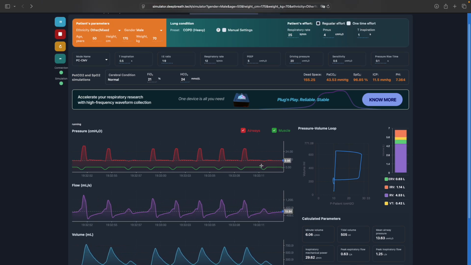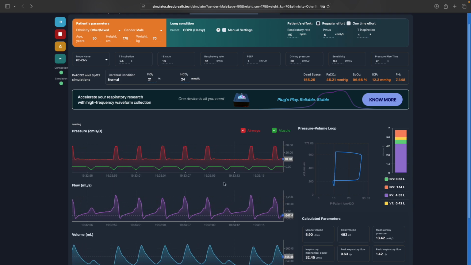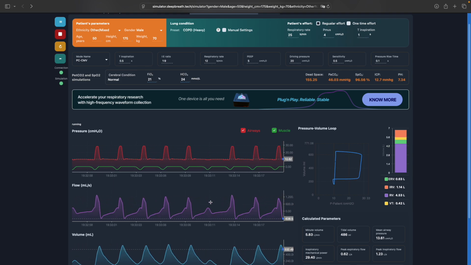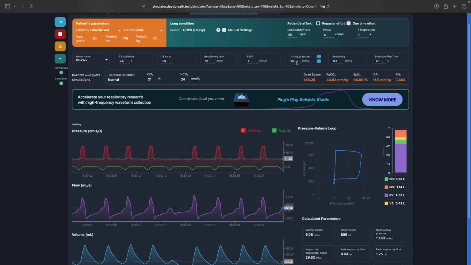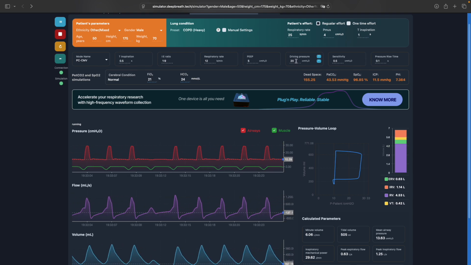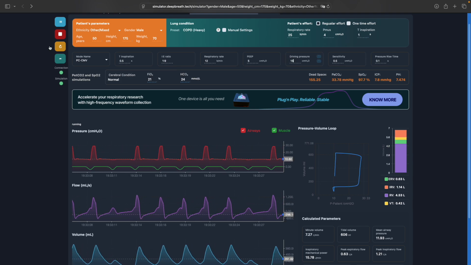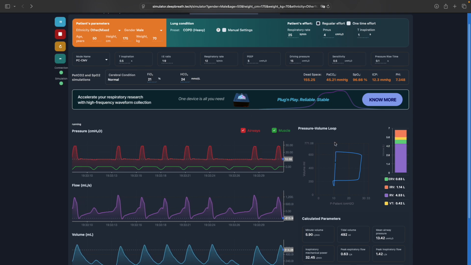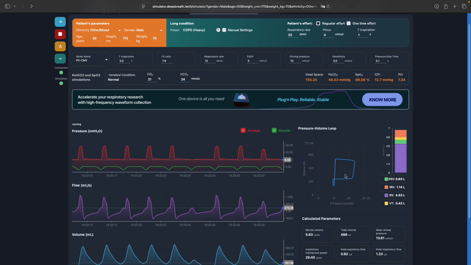But we see the point we wanted to show, that failed triggering happens because of ventilator over resistance, so too high driving pressure. And again, if we reduce it back, failed triggering breath will disappear, but it will be not enough ventilation.